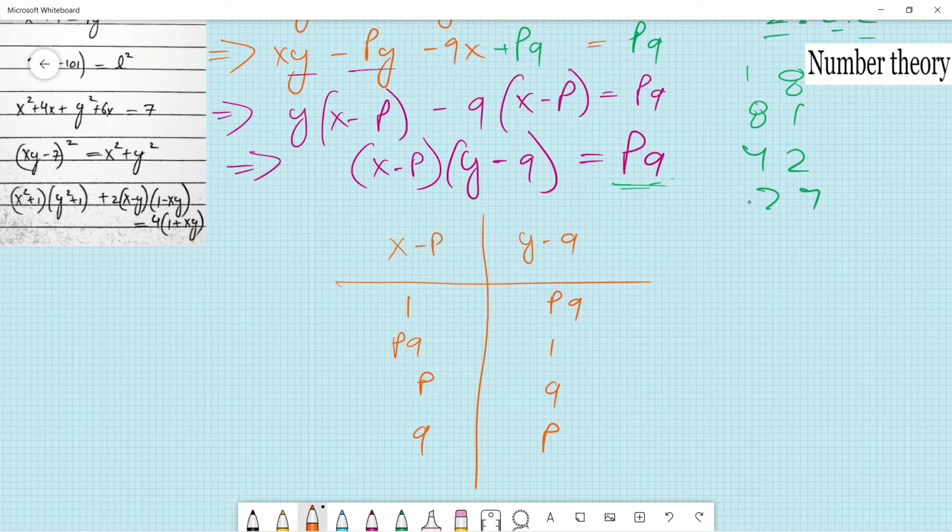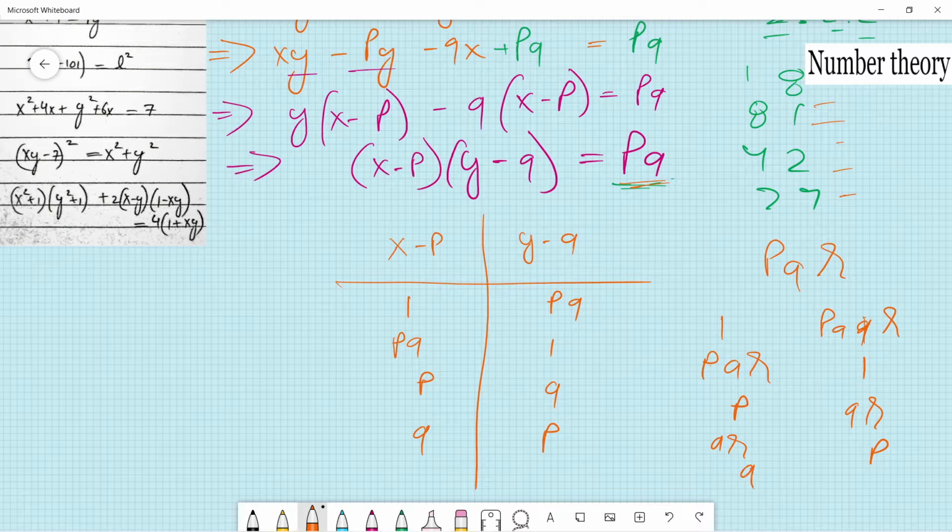So we are getting as many cases as we got earlier, but still it is better if we had, say, 3 primes, p, q, r. Then there would be many cases: 1, p, q, r, then p, q, r, 1, then we can take p, q, r, q, r, p, then q, p, r.